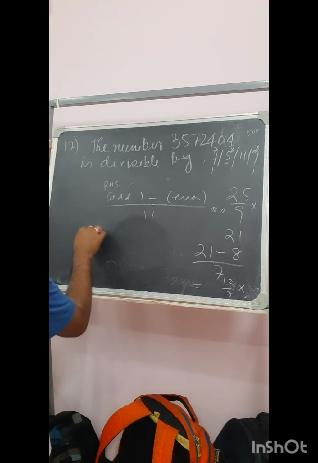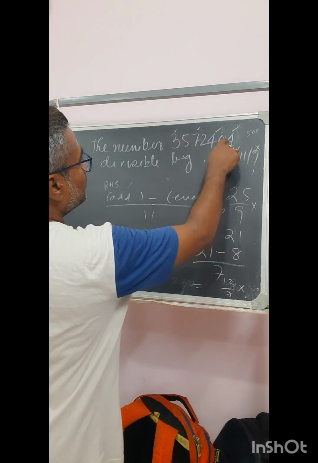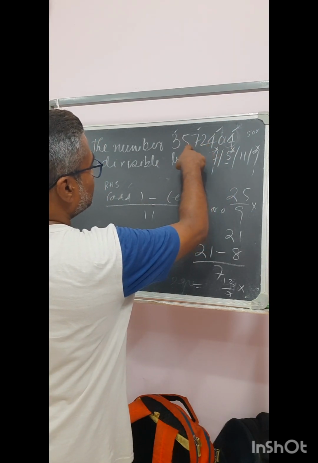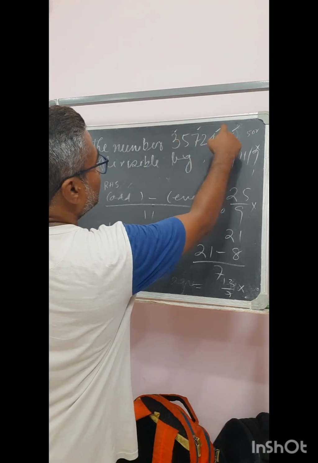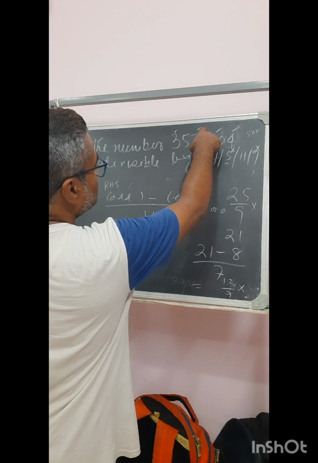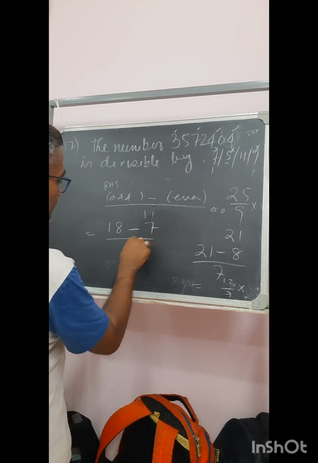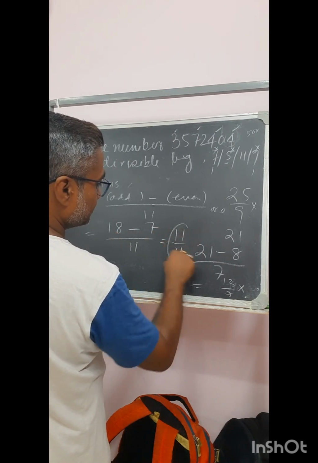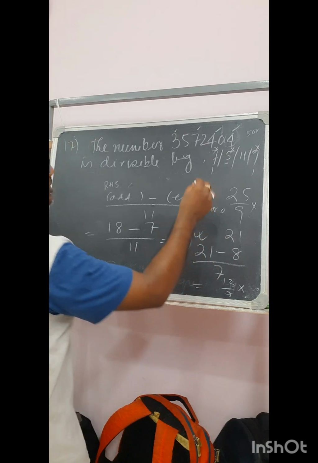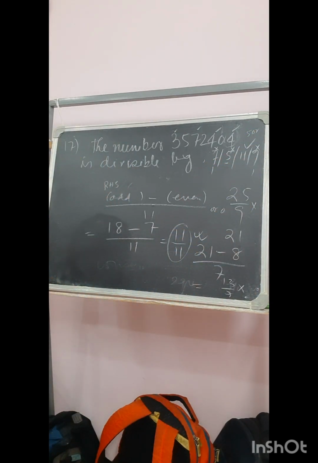Now try this. Odd places are this and this: 4, 4 is 8, 7 is 15, 18. Minus 0 plus 2 plus 5, that is 7. Now let's see, 18 minus 7 is 11, so it is divisible. So I got it correct. So 11 is your answer. Okay.